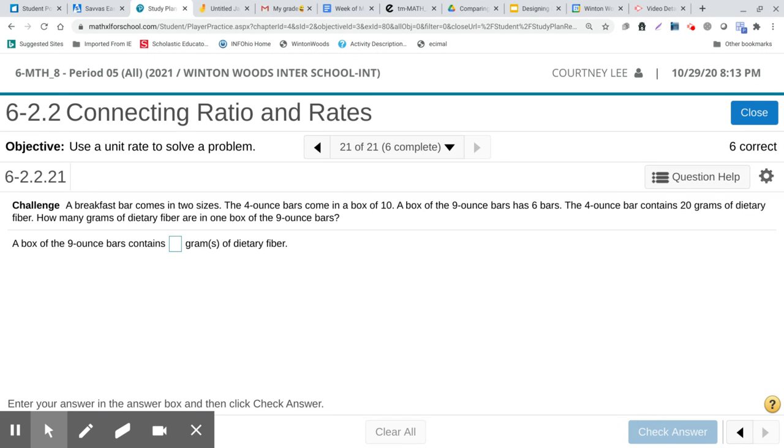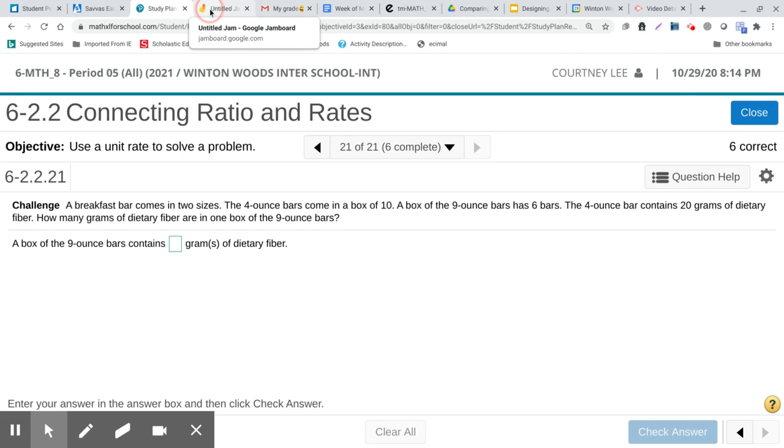Okay. So they give you information that you don't need for this problem. I need to find the unit rate. It says use a unit rate to solve the problem. The 4-ounce bar contains 20 grams of dietary fiber. So how much would a 1-ounce bar contain?